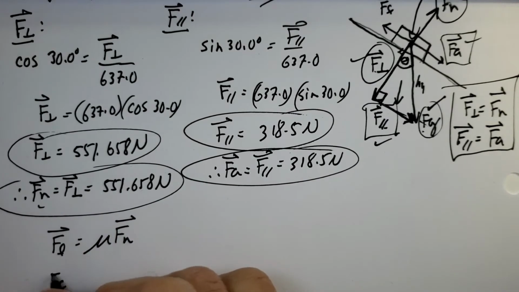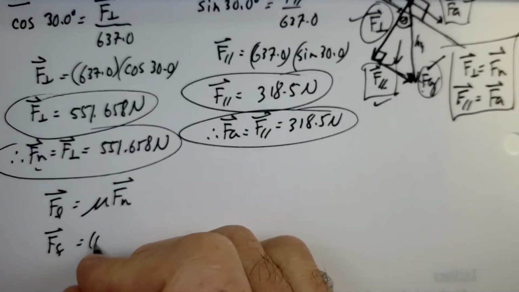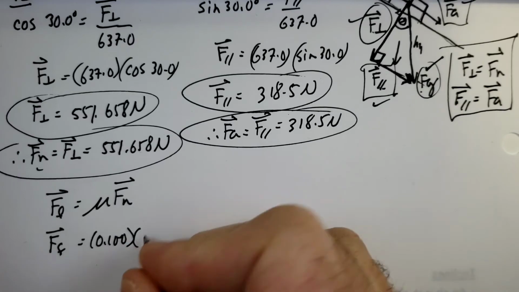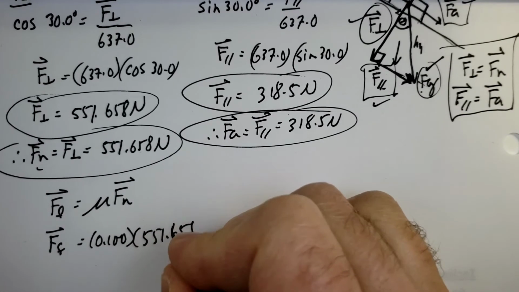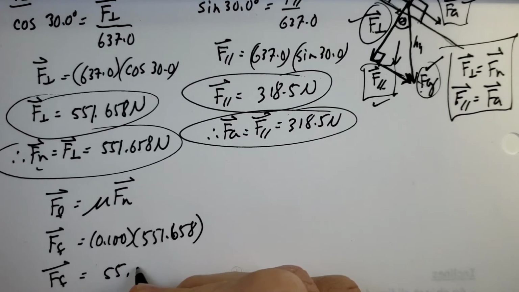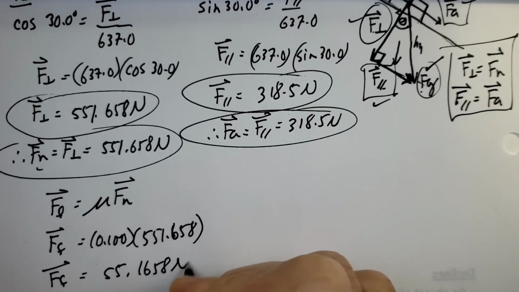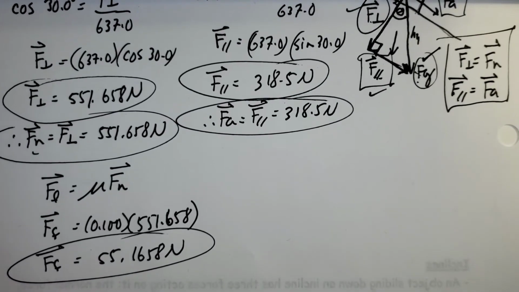So Ff, now the coefficient of friction we're told is 0.1. So that's going to give us 55.1658 newtons. So we know what that force is as well.